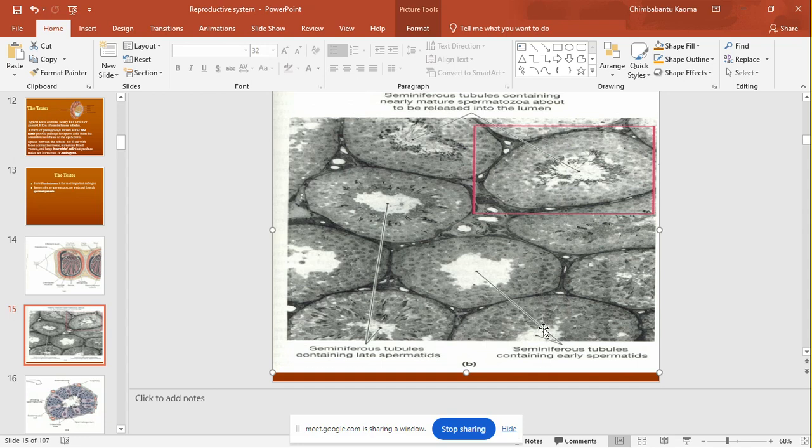The other sections of these seminiferous tubules are showing us immature spermatozoa, basically.